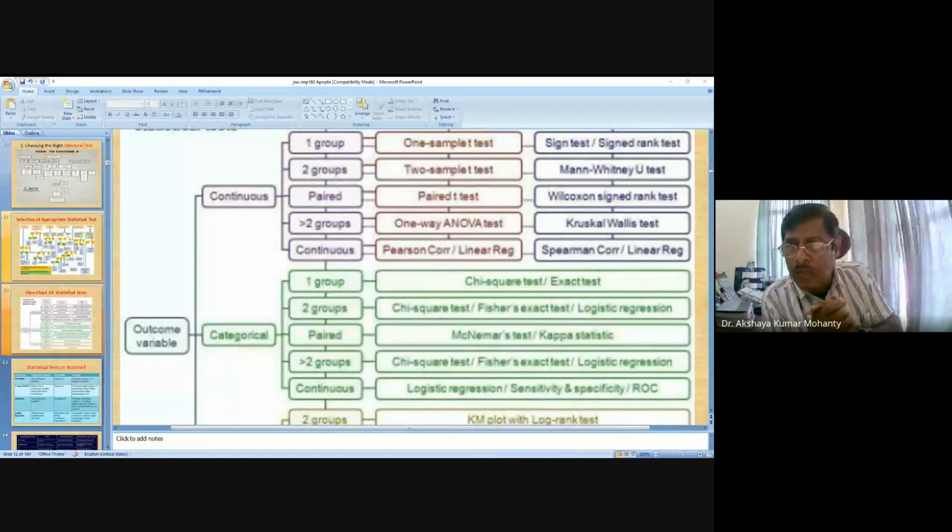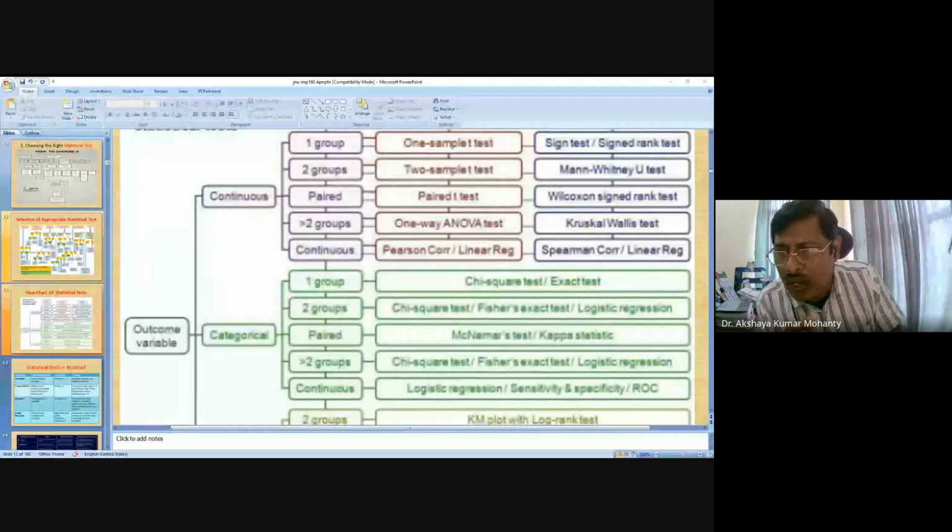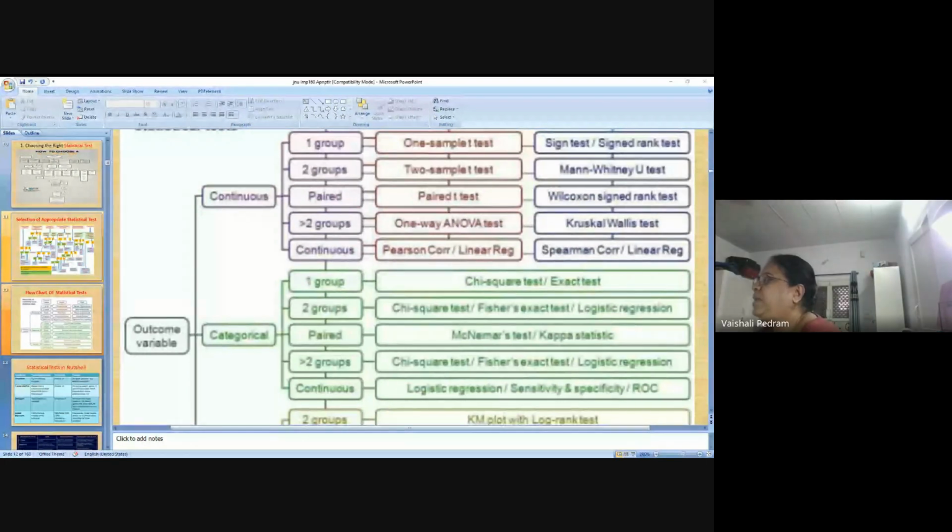Okay. Now my question is, I have put one slash and then I put the linear regression. Am I right? So already we have seen the linear regression is coming under the parametric test. What is your answer? How will you defend it? Once we have established the Spearman correlation, after that we are putting it in a linear regression model.